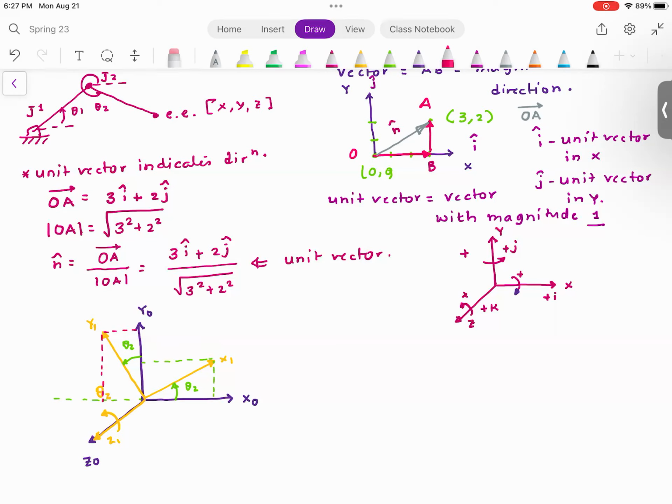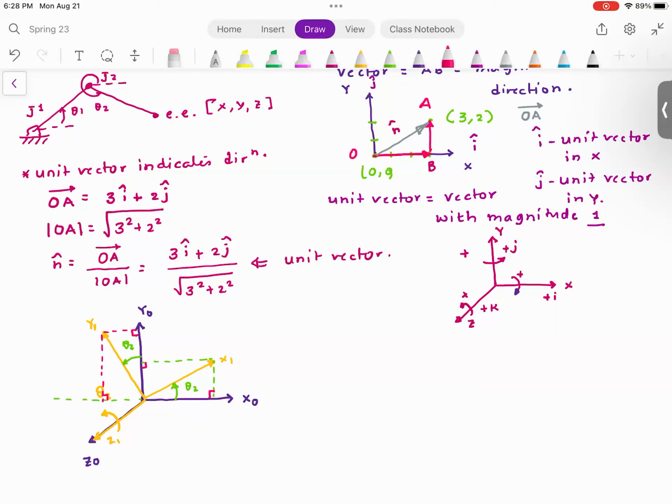Everyone understood this? So what I have done is I have drawn these perpendiculars. The projection of x1 is on x0, projection of y1 is on y0, projection of x1 is on y0, projection of y1 is on x0.